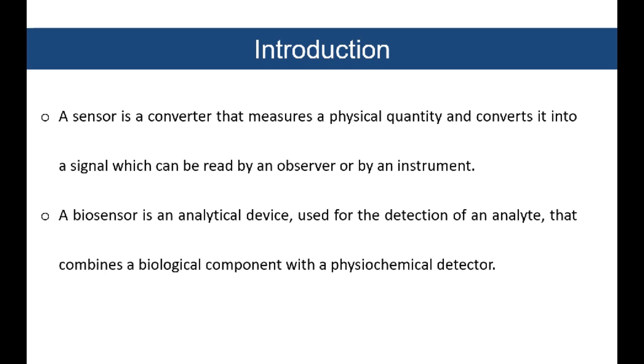Also, we can say that a sensor is a device which senses the signal or any physical change happening in the instrument. That instrument can be termed as the human body in the case of biomedical equipment.